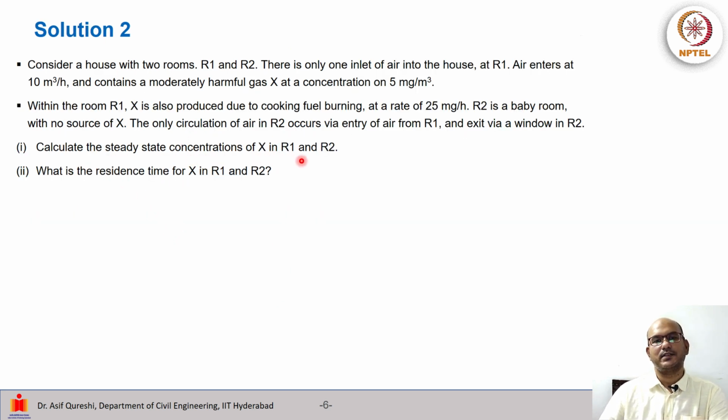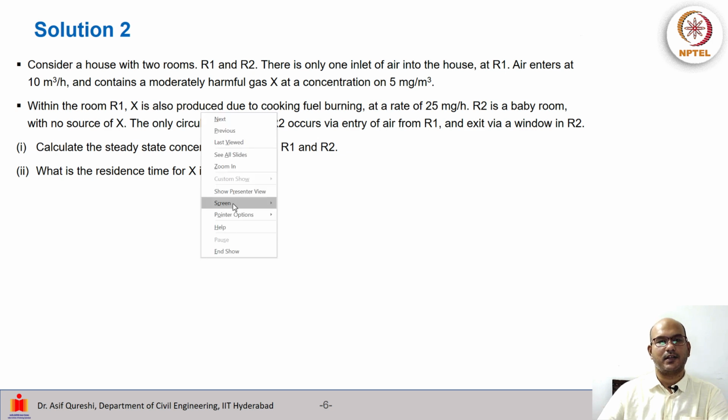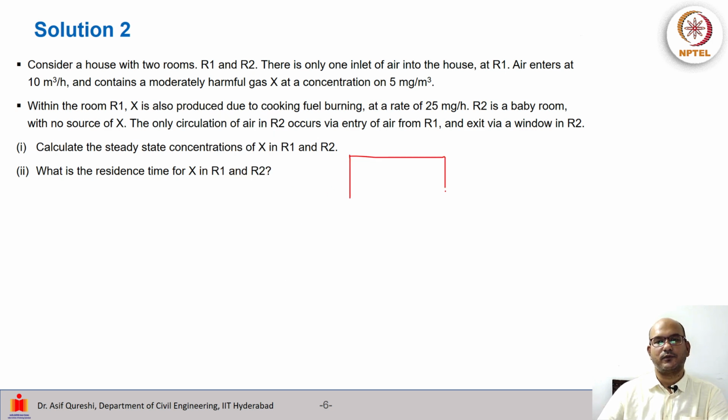First is calculate the steady state concentrations of X in R1 and R2. So what are the sources and inflows and outflows? We have R1, R2, we have F in, only single F in is there. So I can just use one, and we have the same F out happening, same airflow, and we have F1,2.